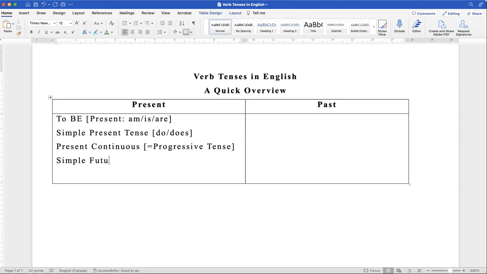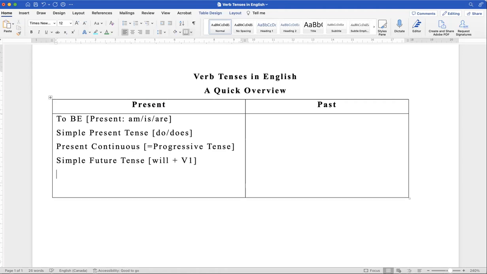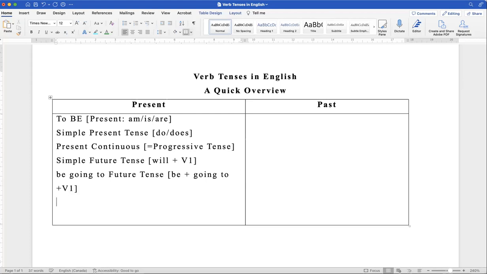And we have simple future tense. We have simple future like will plus verb 1. We have the be going to future tense. In this one, we have be plus going to plus verb 1. What else do we have?